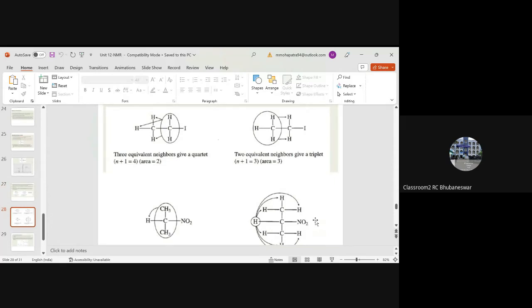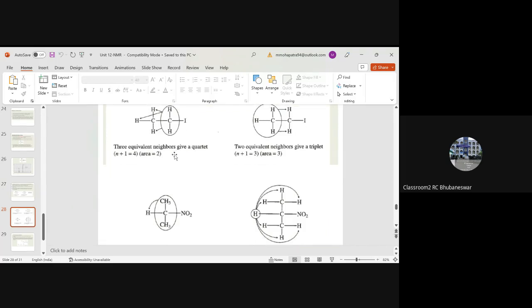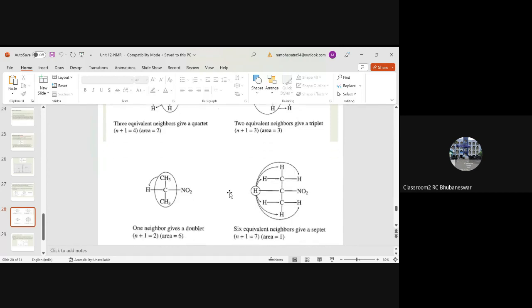And here you can also see different molecules given. Three equivalent neighbors give a quartet, two equivalent neighbors here give a triplet, one neighbor gives a doublet, and six equivalent neighbors give a septet.